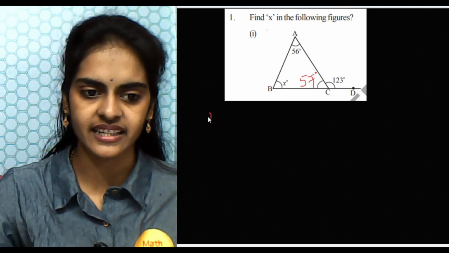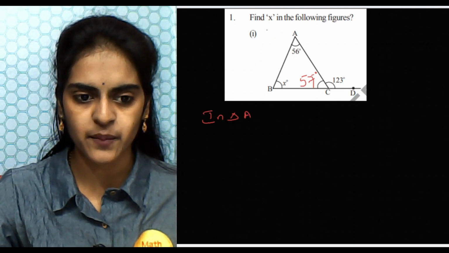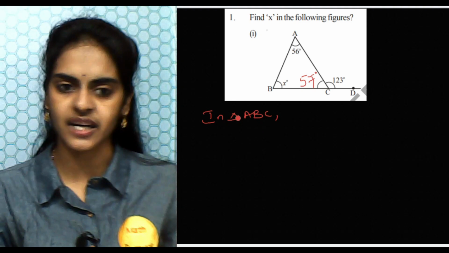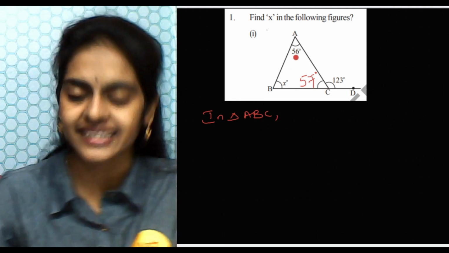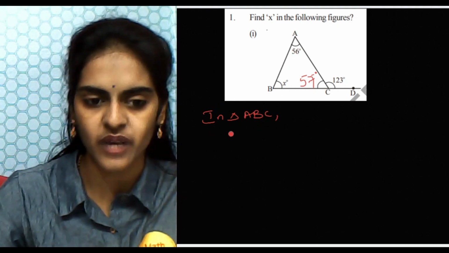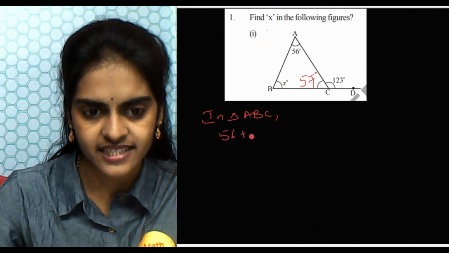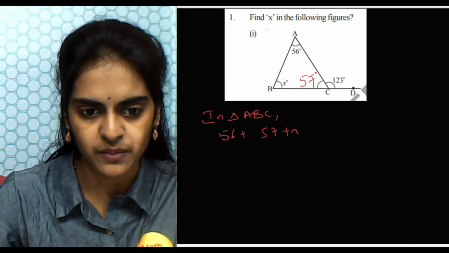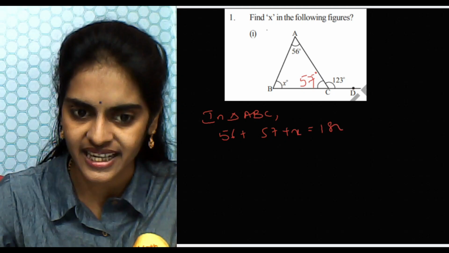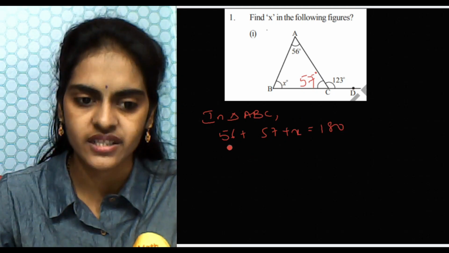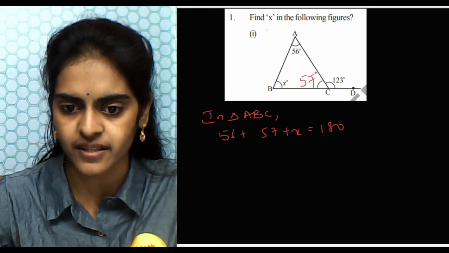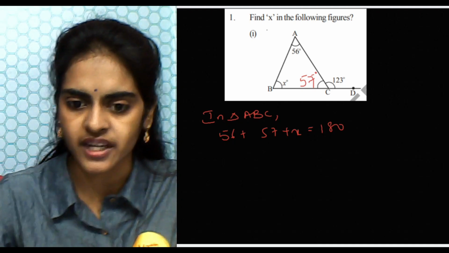In triangle ABC, the sum of all these three angles is nothing but 180. So 56 degrees plus 57 degrees plus x is 180. Just add 56 and 57. How much are you getting? You get 113.